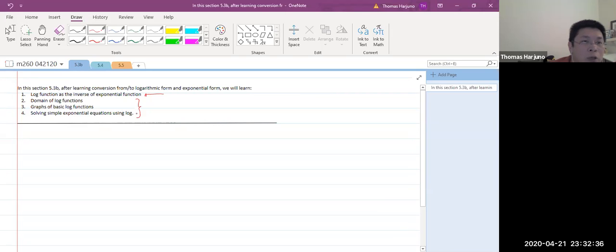Finally, we will be able to solve some exponential equations using logarithms.